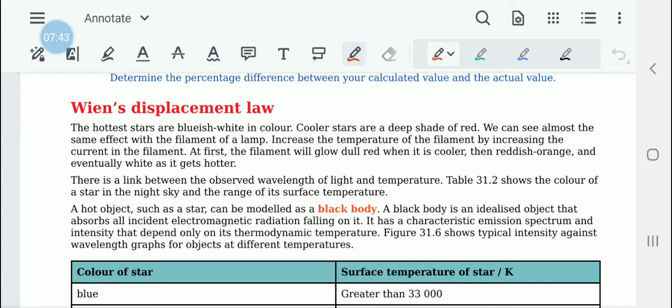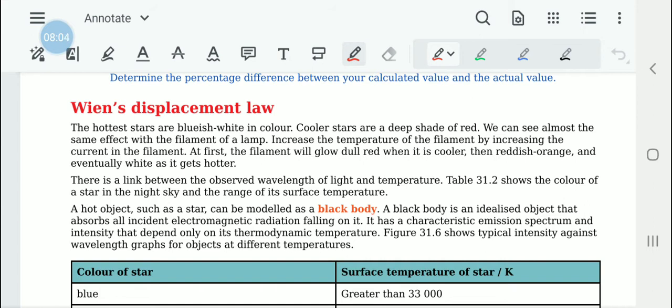This is an idealized object that absorbs all the electromagnetic radiation that falls on it. As a result, it has a characteristic emission spectrum.